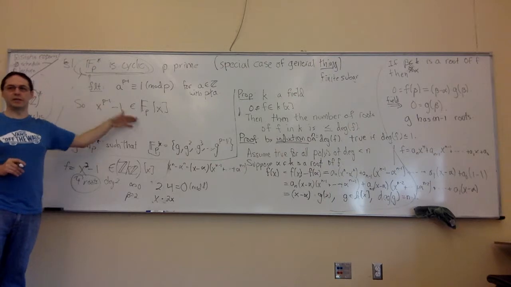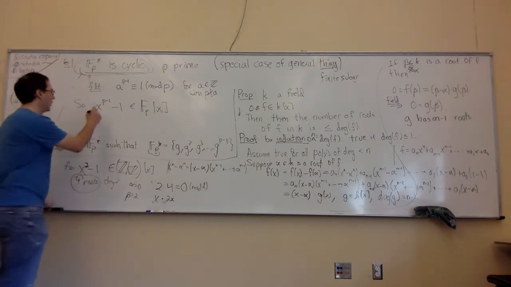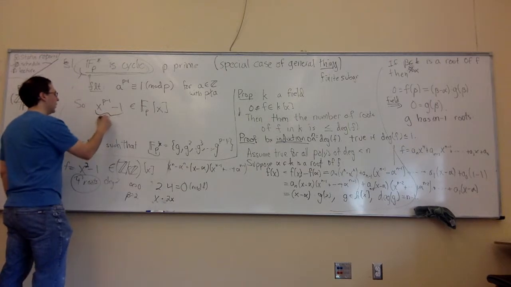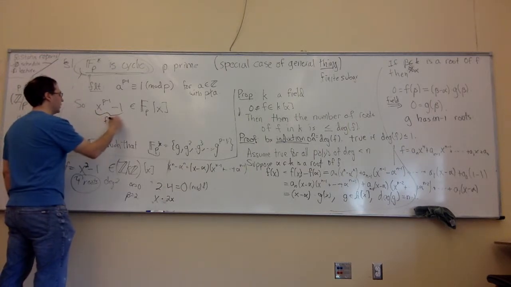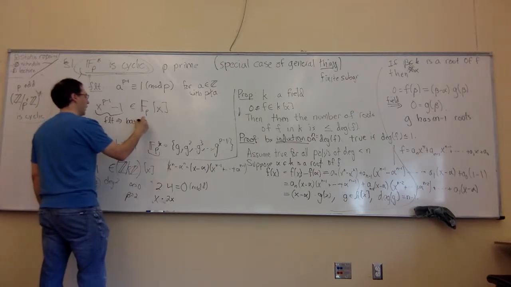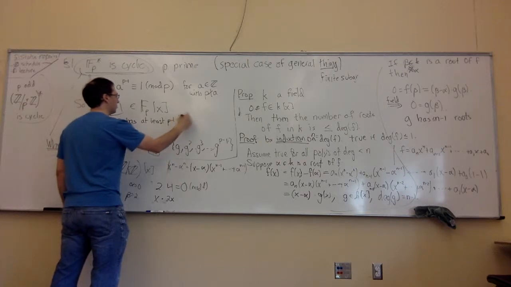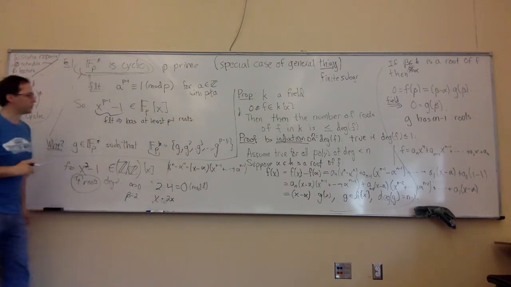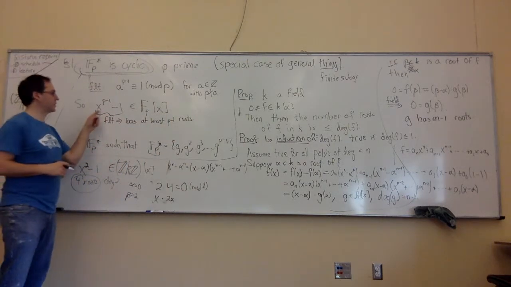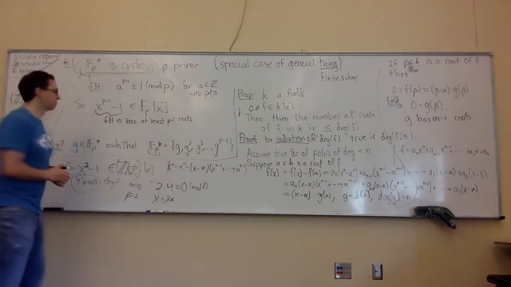It says every non-zero element of F_p is a root of the polynomial x to the p minus 1 minus 1. On the other hand, so FLT implies that this has at least p minus 1 roots. I guess there's only p possibilities and 0 isn't a root, so it has exactly p minus 1 roots.